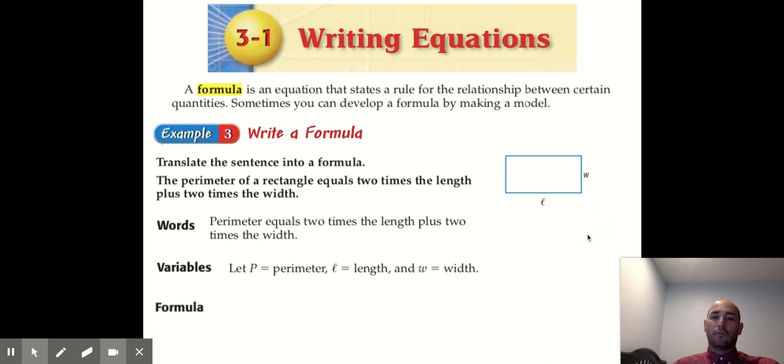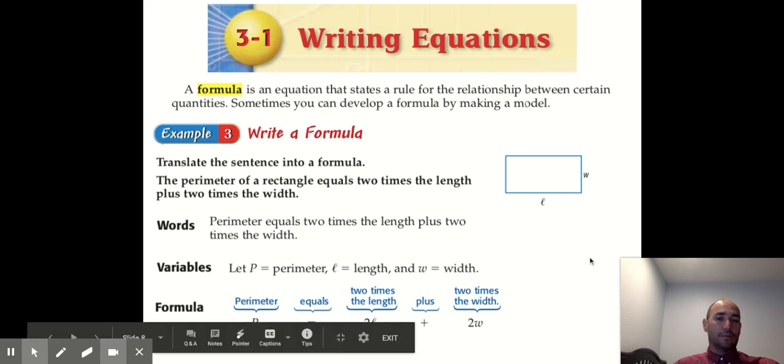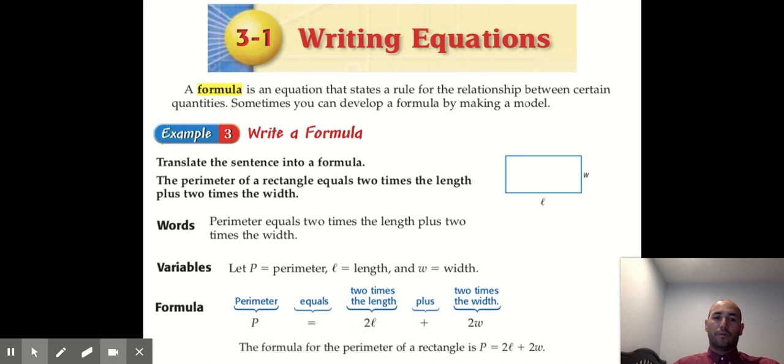When I write this formula out, my perimeter P equals 2 times the length, 2L, plus 2 times the width, 2W. So my final, very succinct answer is that the formula for the perimeter of the rectangle is P equals 2L plus 2W.